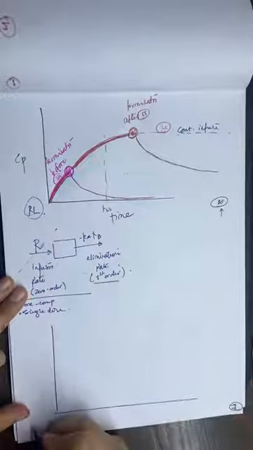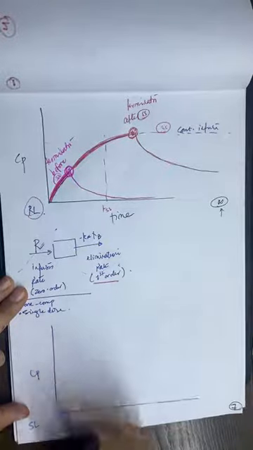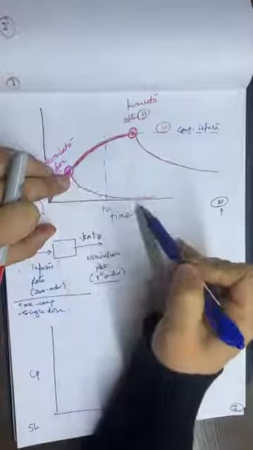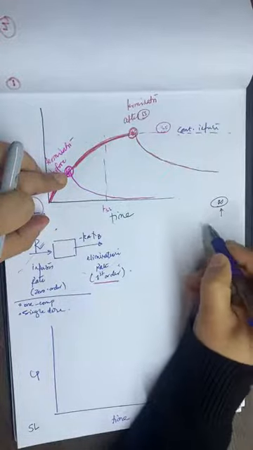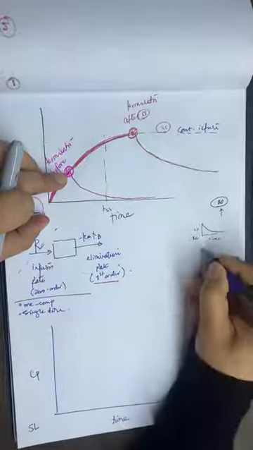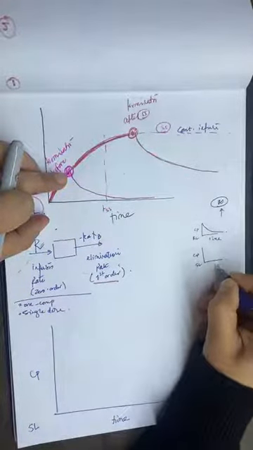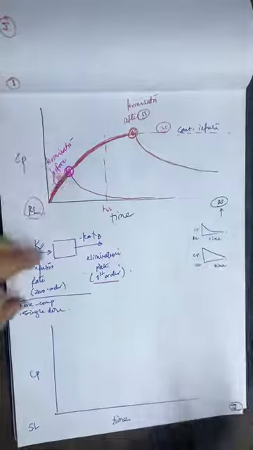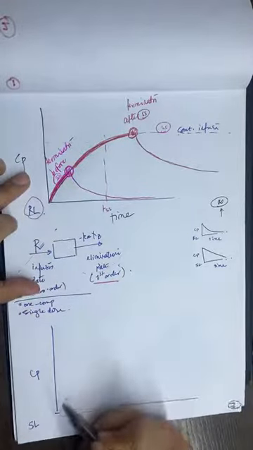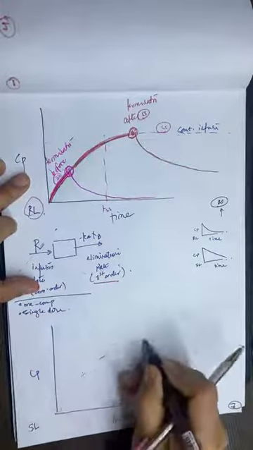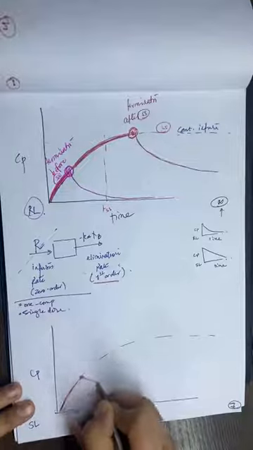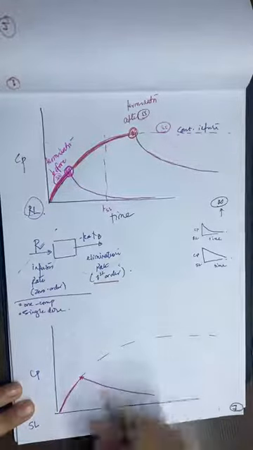If we have the same thing on a similar profile, according to what you know about the elimination-only profile on semilog, first order and rectilinear, let's remind ourselves: Cp versus time on rectilinear was like this, elimination only, right? On semilog, Cp versus time was like this. Which means in the first profile, this is supposed to be our profile. In the first profile, if I stopped here, I will continue until I terminate.